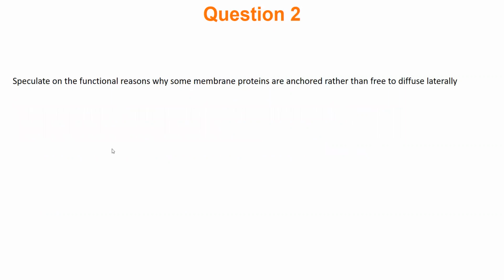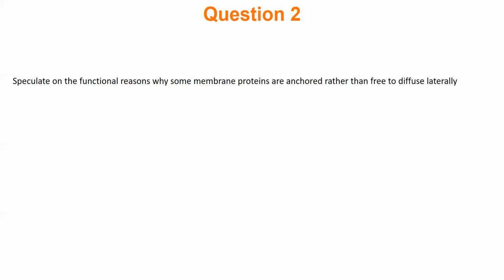To speculate on functional reasons why some membrane proteins are anchored rather than free to diffuse laterally. So I answered this during my explanation, and this is a very good question, again, to come back to when you're studying for test 4 to see if you remembered what we went over in class. But again, if you're anchored, that means you're critical to be in that one location.